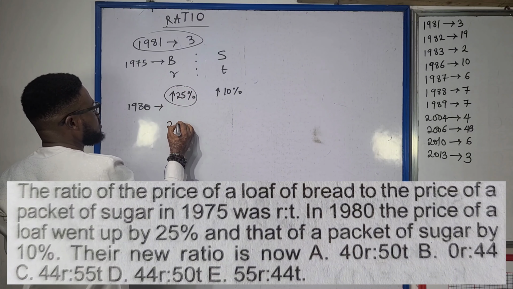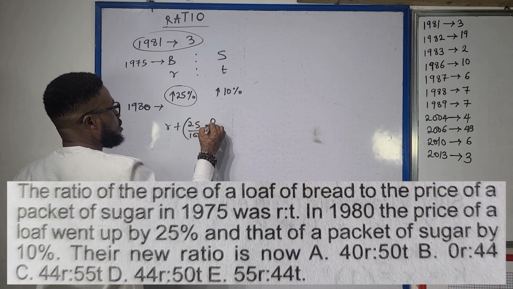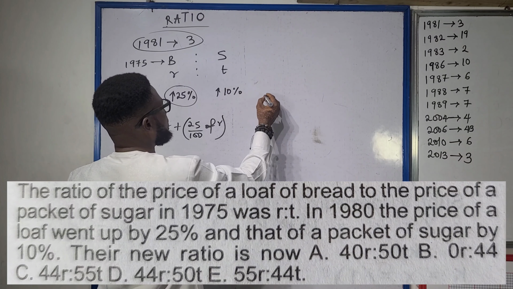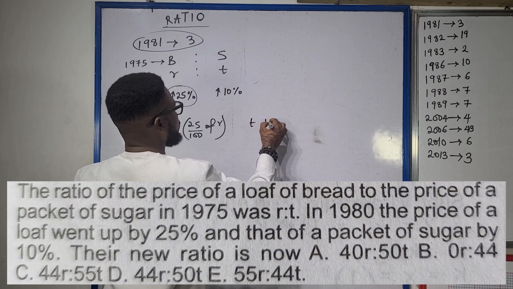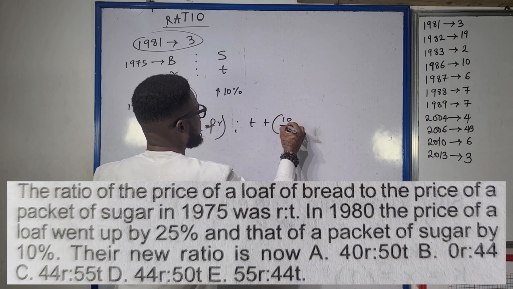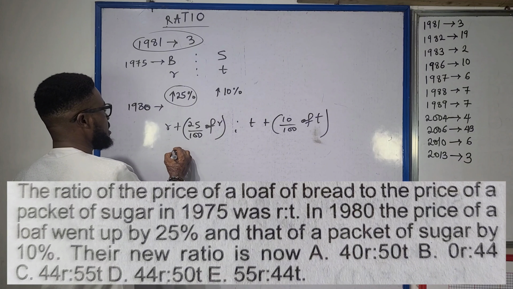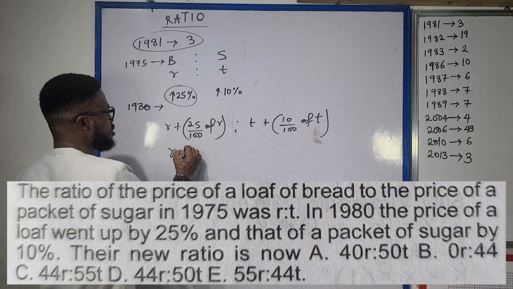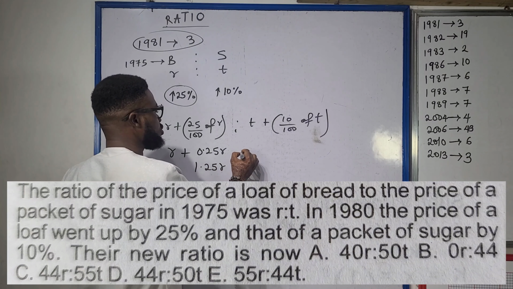So that's going to be R plus 25% of R, whereas for my sugar it is going to be T plus 10% of T. So in this case, this is going to mean 1.25 R, that is R plus 0.25 R, and this will be 1.25 R ratio.